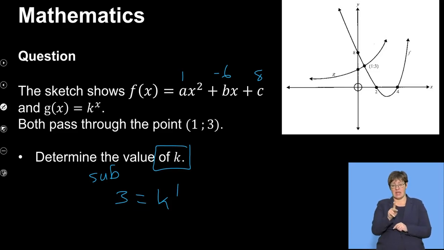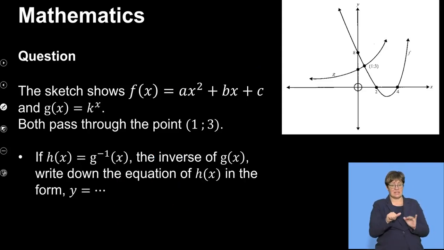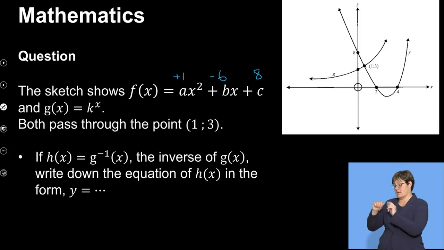So k to the exponent of 1 is just k. Therefore, k is equal to 3, right? Now, 1, minus 6, 8, and 3. There's more things that you need to remember. So this is positive 1, minus 6, 8, and then this is going to be 3, right?